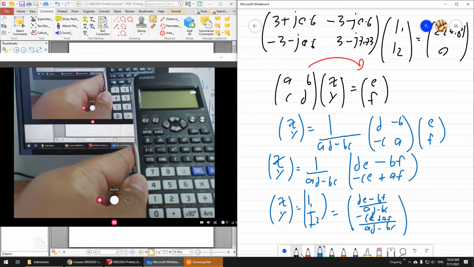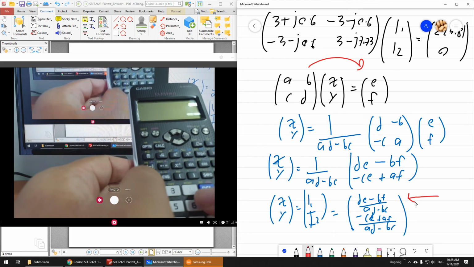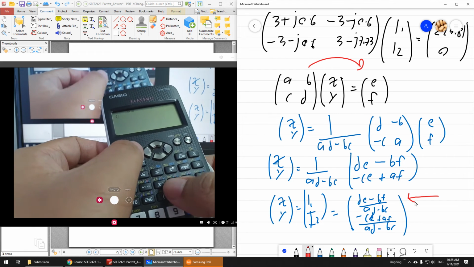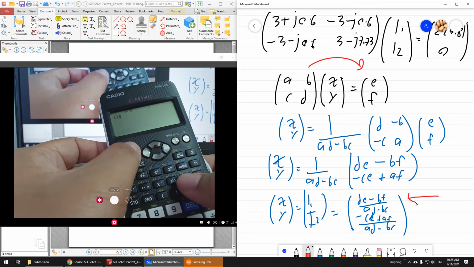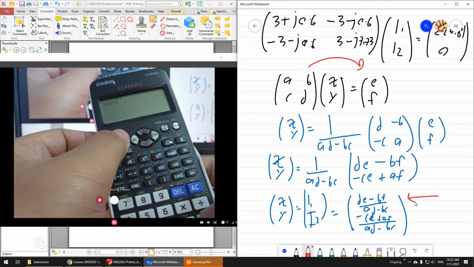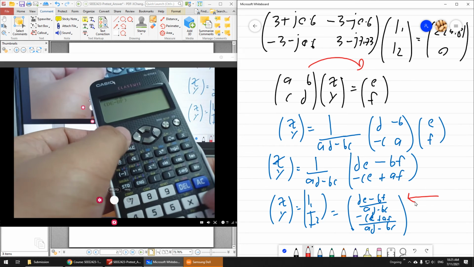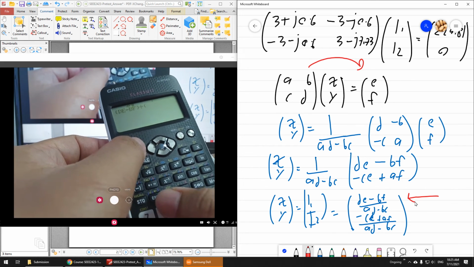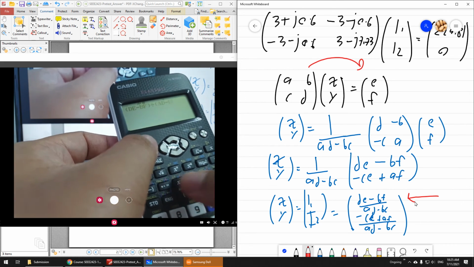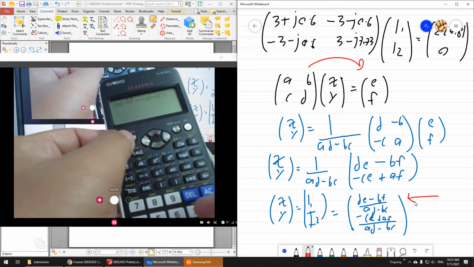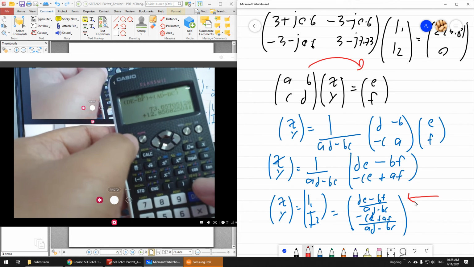Just to recall, alpha D, alpha D, alpha E minus alpha B, alpha F, divided by, open bracket, alpha A, alpha D minus alpha B, alpha C. So you have the formula, and you get the answer.